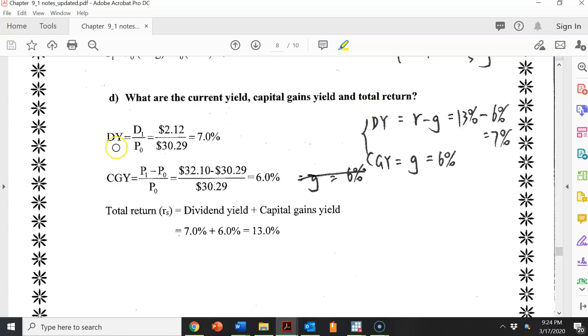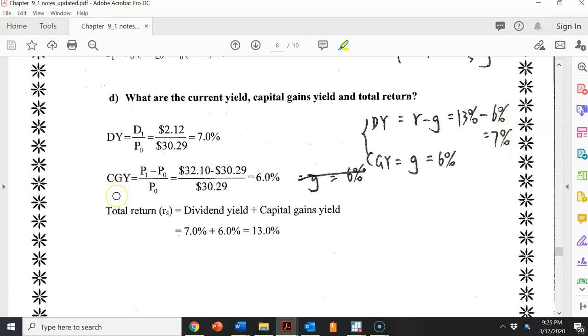So for DY, dividend yield, it is D1 over P0 by definition. So we can just plug the numbers in, it's 7%. Alternatively, we can use the conclusion we had, DY equals RS minus G, so it's 13% minus 6%, it's also 7%.